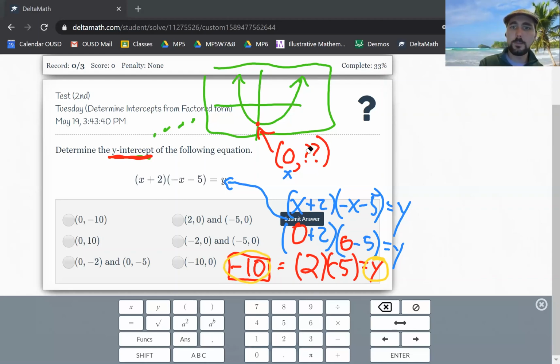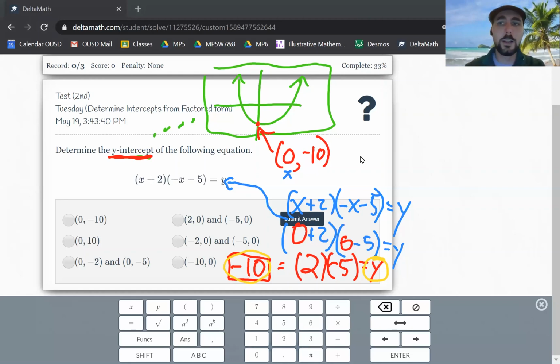So I'll erase my question marks because I now know for sure this is at negative 10. And because it's the y-intercept, we started by saying x was definitely 0. We plugged it in. We can end by saying y is definitely negative 10 and figure out what answer matches that.